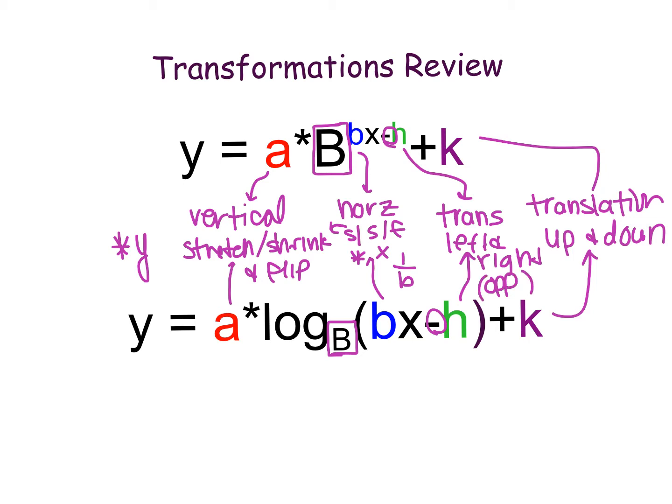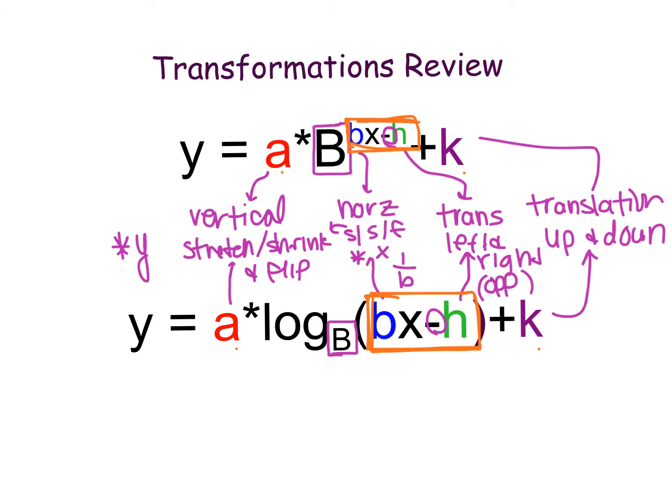Now, a couple of things to note, because these are functions we haven't done transformations with before. You'll notice that b and h are either up here in the exponent with x, or they are inside of the logarithm with x. So that's how you denote the difference between a and b and h and k, because b and h are going to be inside either the exponent or the log with x, and a and k are always on the outside of the entire function.